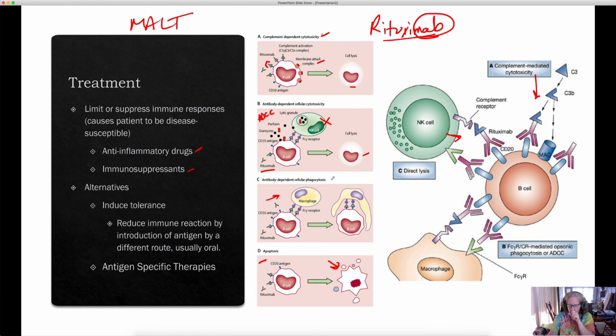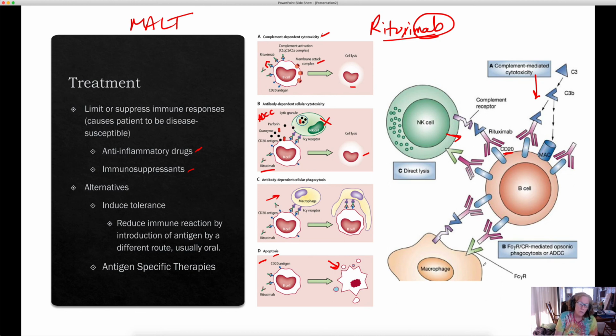And in ADC phagocytosis, it's going to prevent macrophage phagocytosis, so the Fc receptor of macrophages will not be able to bind. And then, of course, apoptosis, it may block the receptors. It can bind to the receptors known as the CD20s that would receive signal from macrophages or other cells for apoptosis. So this is just one immunosuppressant, but you can see as a monoclonal antibody, by binding to Fc regions and such, we can actually prevent a lot of other immune reactions from occurring.